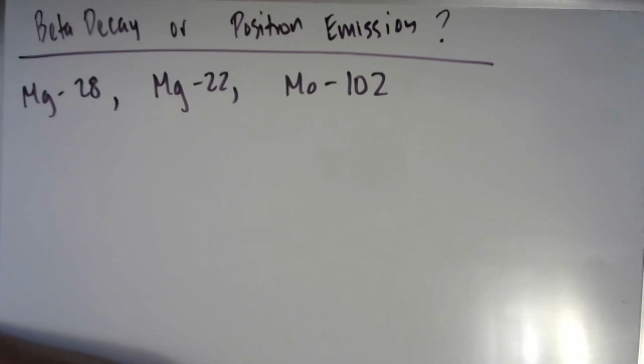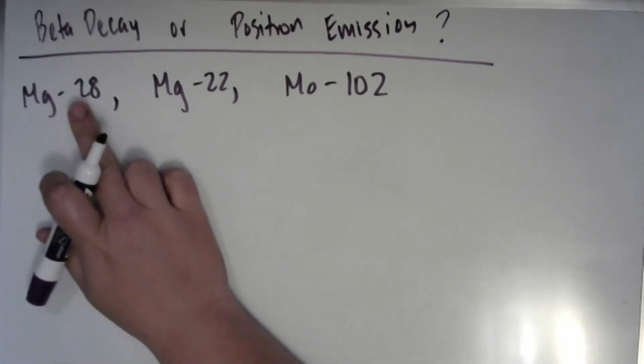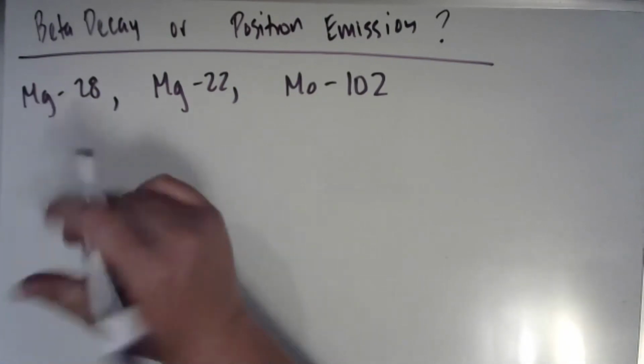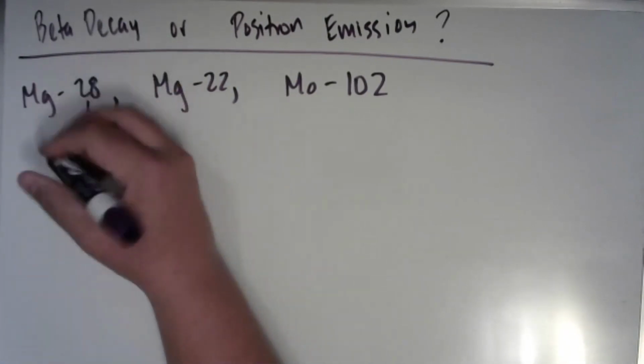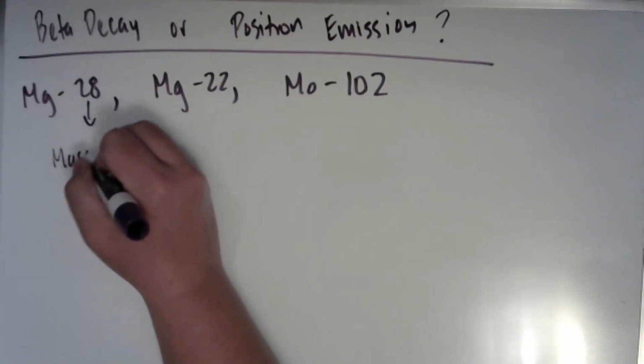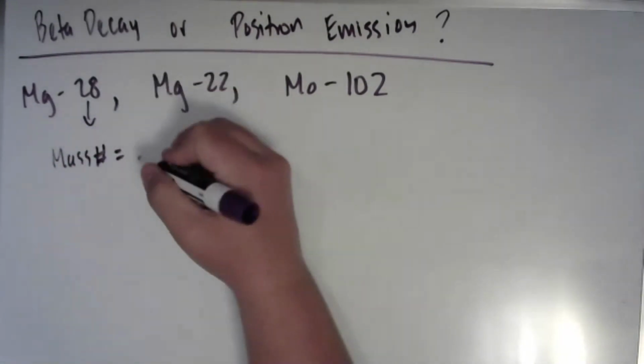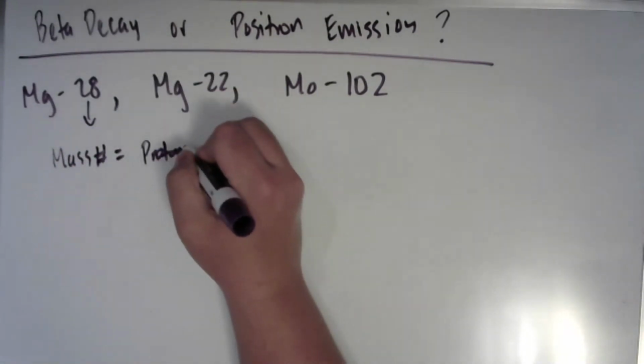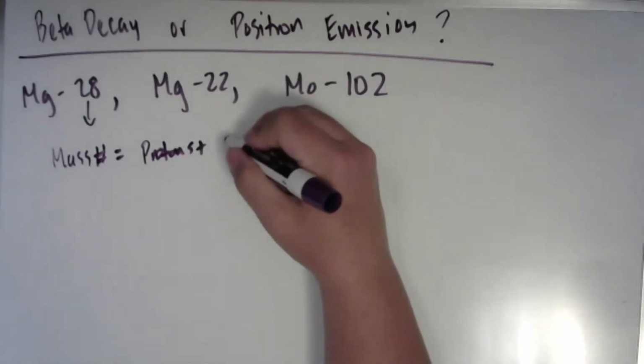That's going to be our Z value, and we're going to put our neutron value over our Z value. Remember that this number that they give us here is our mass number, and that's going to be our protons plus our neutrons.